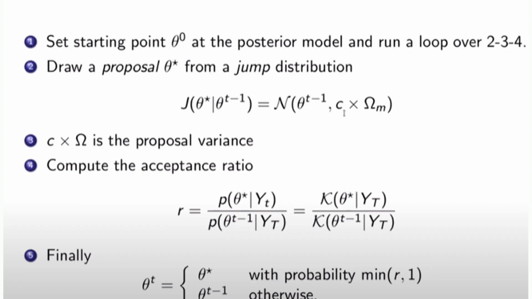So yesterday we essentially ran the algorithm. What we did yesterday is, because we didn't have any better information, we took as the variance matrix of the proposal a diagonal matrix, the variance of each parameter, the variance of the priors for each parameter. We found an adequate value for c.